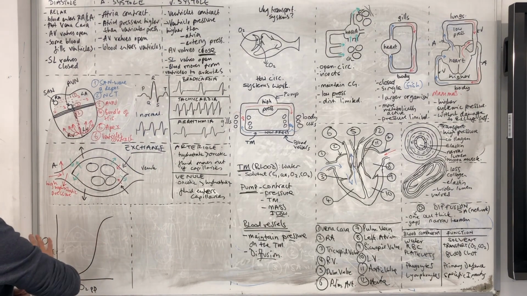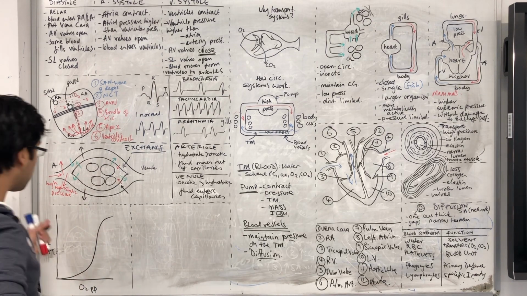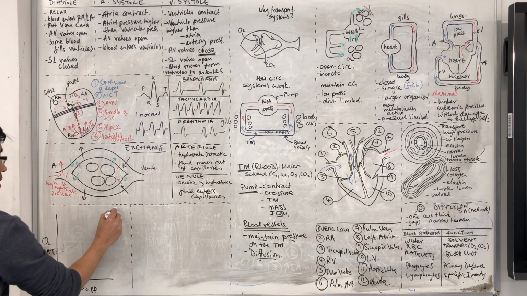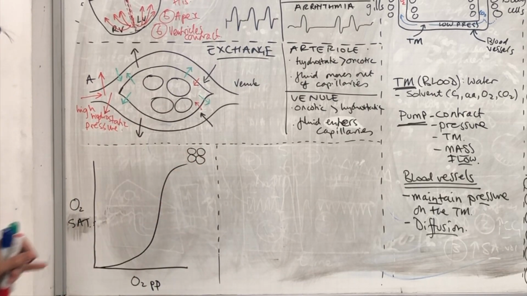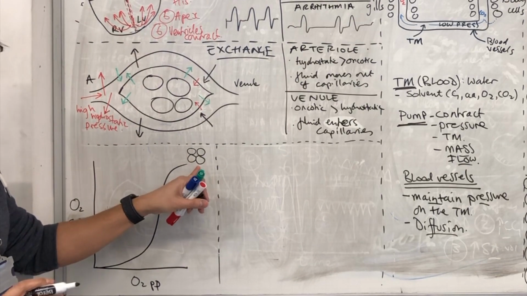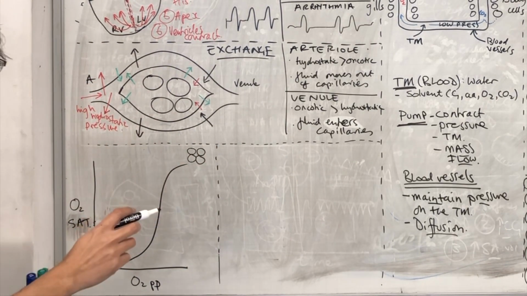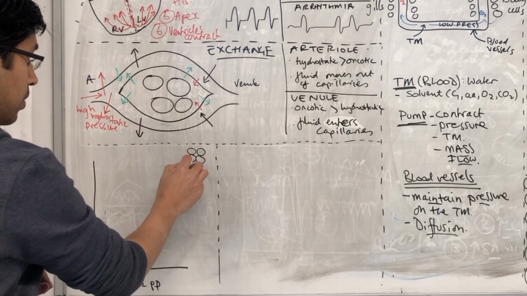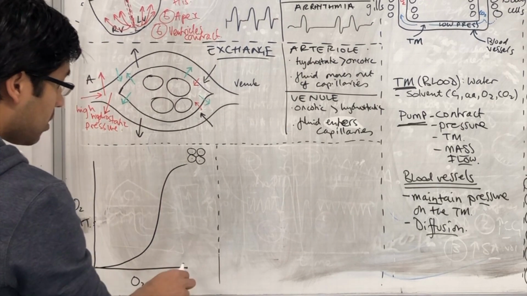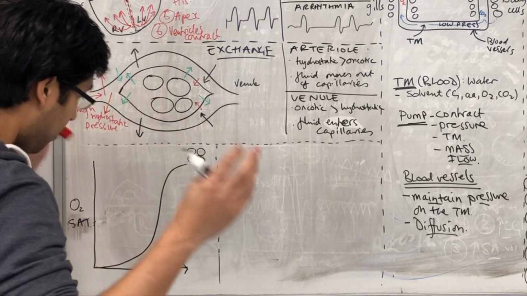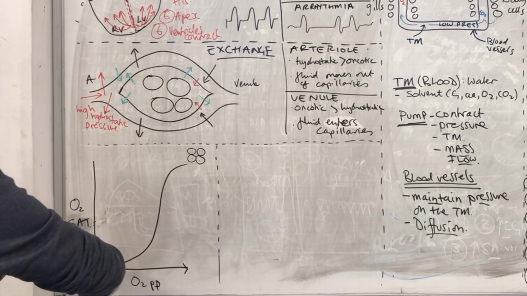That is the oxygen saturation curve, which is reminding us that hemoglobin is a globular protein with a quaternary structure of 4 subunits. Each can bind a molecule of oxygen. But the more you increase the oxygen concentration, it doesn't go up in a straight line.